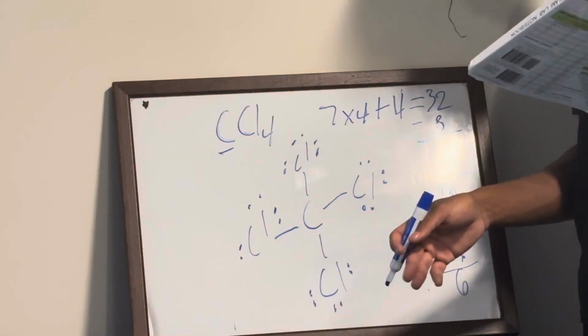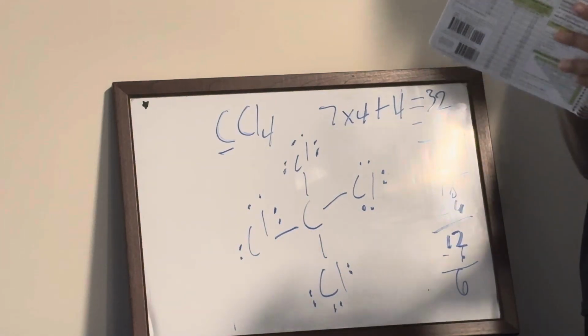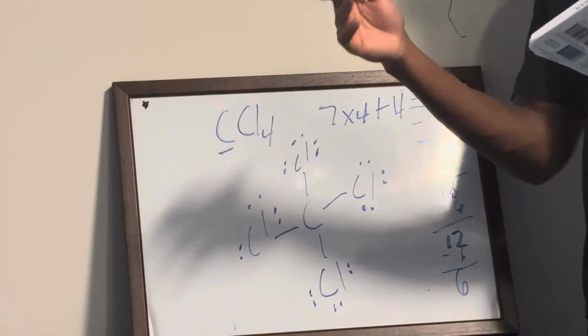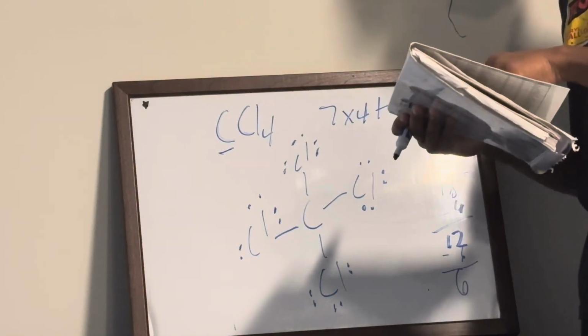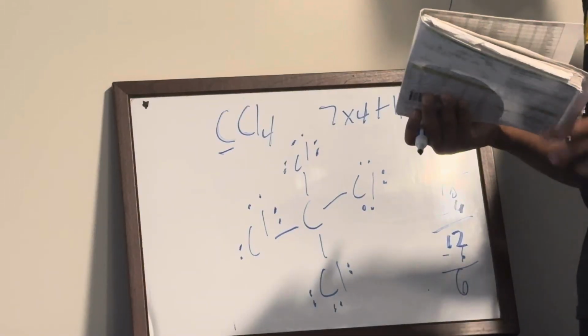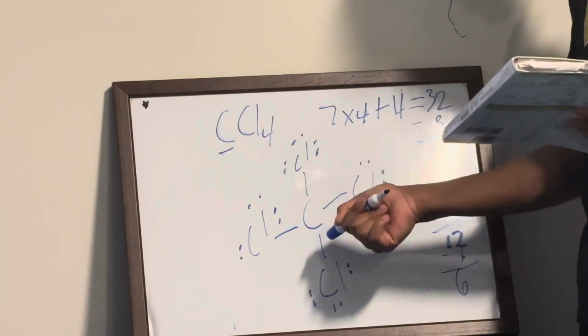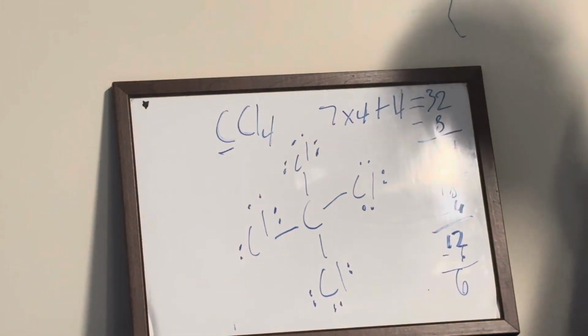It's limited. But you're gonna see later on that group 3 can overload its octet. It doesn't have that rule. But for boron, carbon, nitrogen, oxygen, fluorine, neon, they follow the octet rule, only having 8 electrons in their octet. That's their rule.